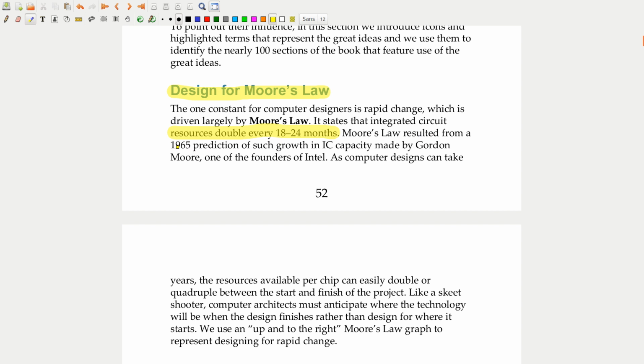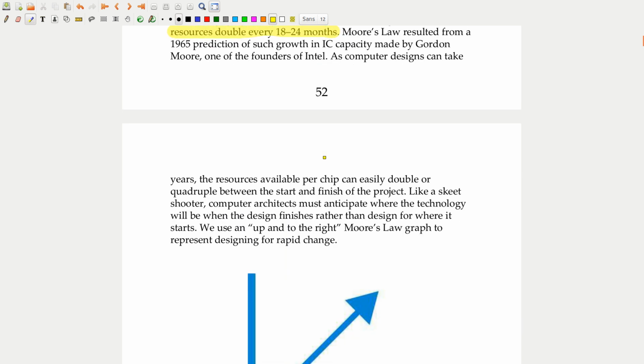It resulted from a 1965 prediction by Gordon Moore, one of the founders of Intel. And I think before that he was at Shockley Labs. If you know anything about electrical engineering, you probably know that name from the Shockley diode.